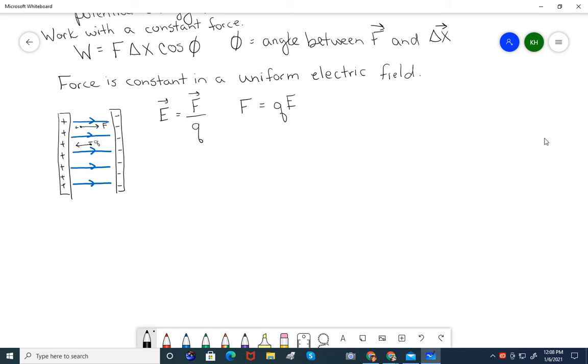All right, so let's use this in our formula. Instead of F, we can put in QE, that's our force, delta X, cosine phi.